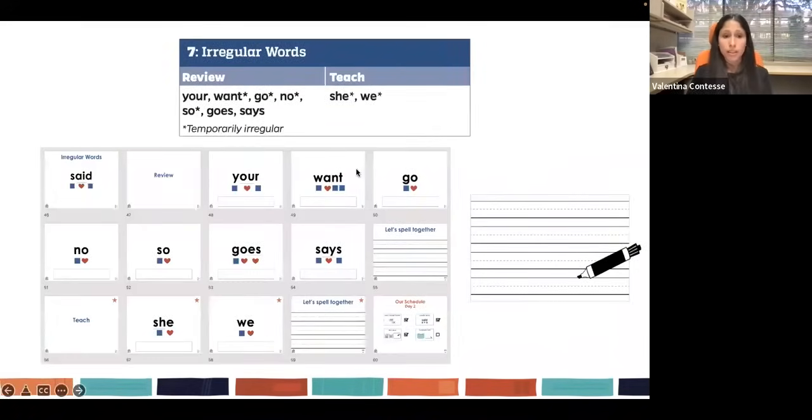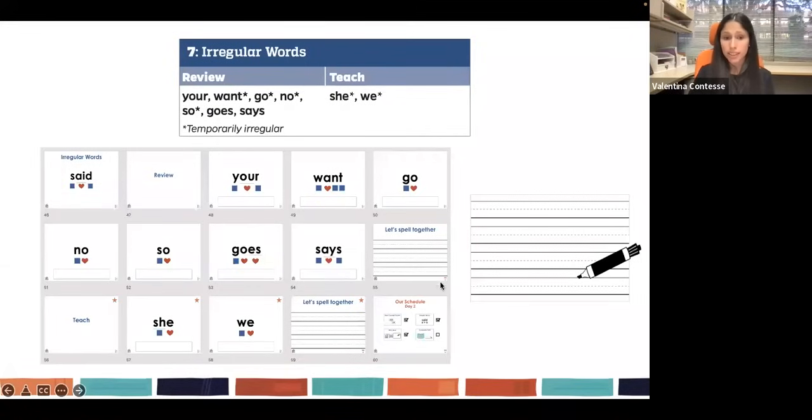Again, the lessons will prompt you to read review words and spell review words and then teach new words. So you'll see here in the slide decks, there are slides to break that apart. You'll see a review slide and then the review words.